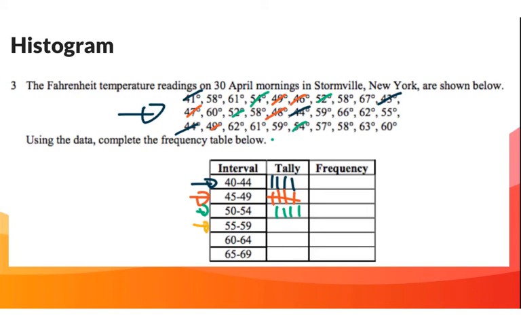55 to 59. 1, 2, 3, 4, 5, 6, 7, 8. Okay, so 60 to 64. 1, 2, 3, 4, 5, 6, 7.